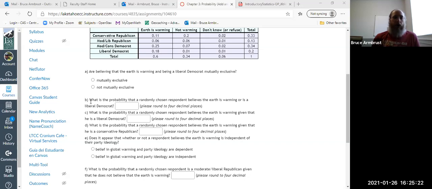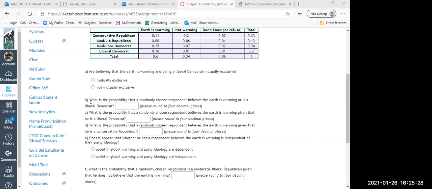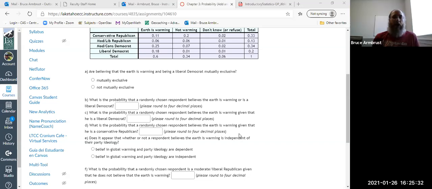All right, that's close. Like I said, Ashton just put in there, they occur at the same time, but it actually is they cannot occur at the same time. So the question is, is it possible? Did we ever find somebody who's a liberal Democrat that thinks the Earth is warming?